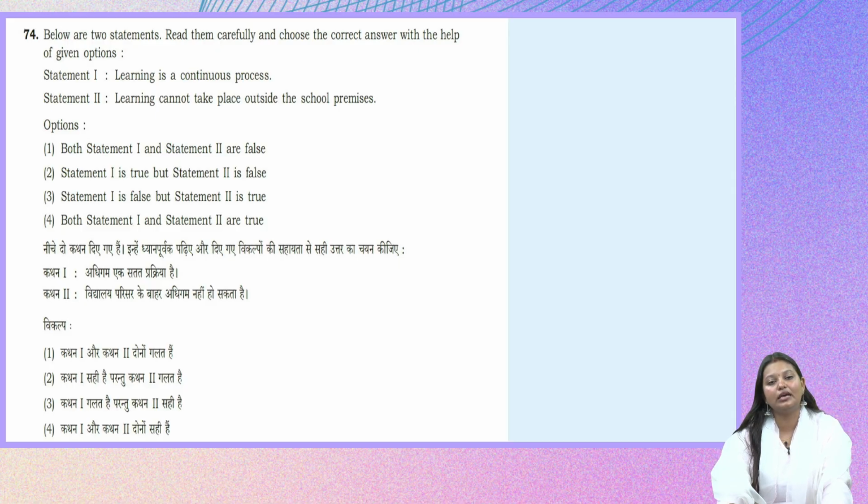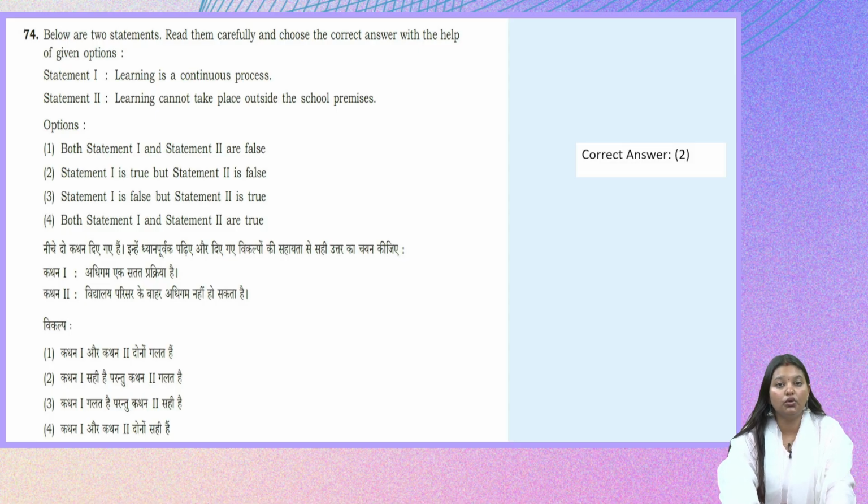Learning cannot take place outside the classroom is false, because everywhere we go, the whole of the school and the society as such is actually leading to a child's learning and development. It is not just limited to the classroom or the school premises. We can learn outside. We are learning outside the school premises as well. That is why the correct answer here will be statement 1 is true, but statement 2 is false, which is option 2. Moving on to the next question.